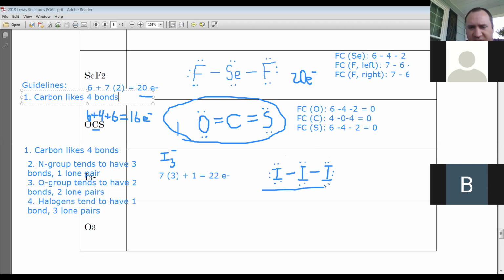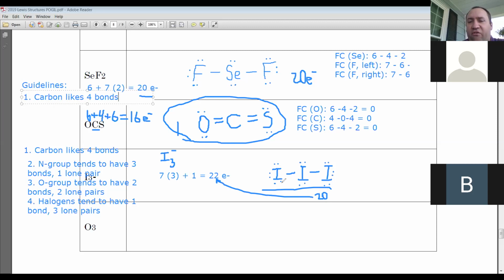If I add all of this up, 2, 4, 6, 8, 10, 12, 14, 16, 18, 20. I get 20 electrons in this particular structure. Now I'm supposed to have 22. So right now my structure is deficient.